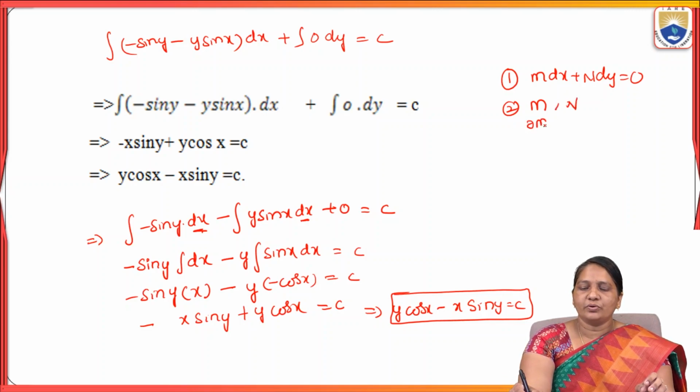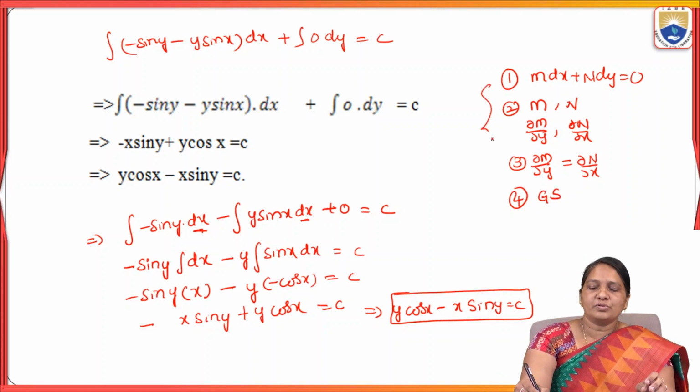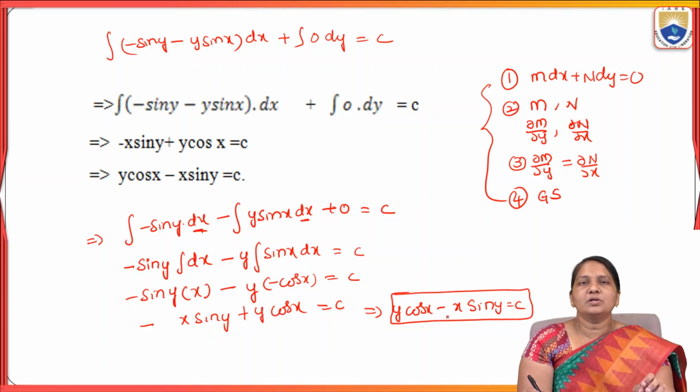Then we are going to calculate ∂M/∂y and ∂N/∂x values. Then ∂M/∂y should be equal to ∂N/∂x. Then we can say that this is the exact differential equation. Finally, after that we are going to find the general solution. These are the 4 steps we are following here to solve the exact differential equation.